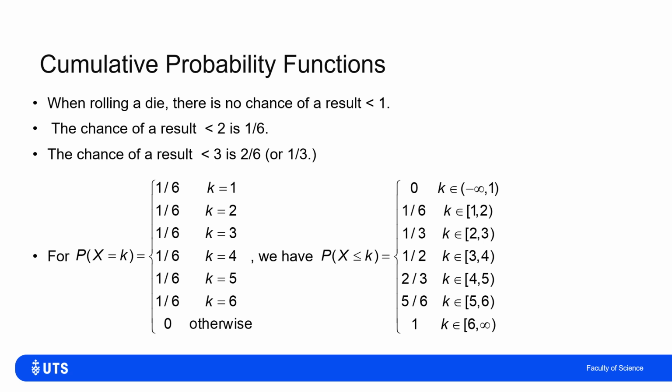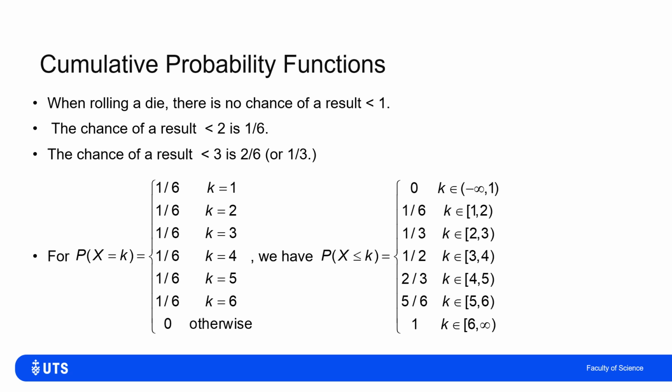If I'm interested in a point which is less than 1, then there is no chance that the die will show a number below my point. If I pick a value which is at least 1 but less than 2, 1.4, the chance I roll the die and get a value less than 1.4 is the chance I get a 1, which is 1/6.